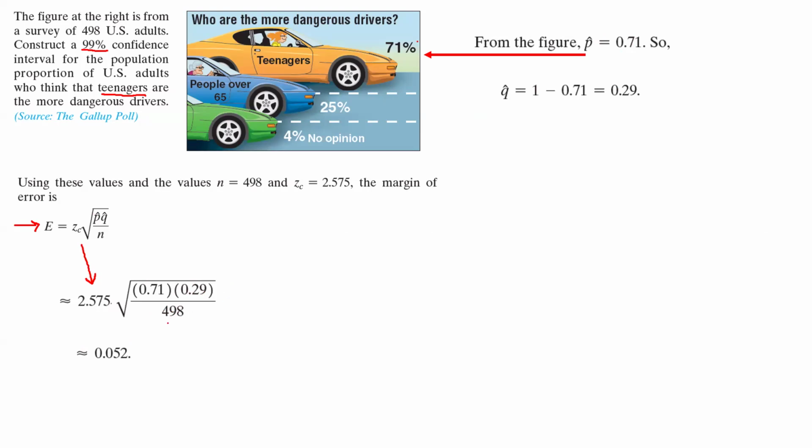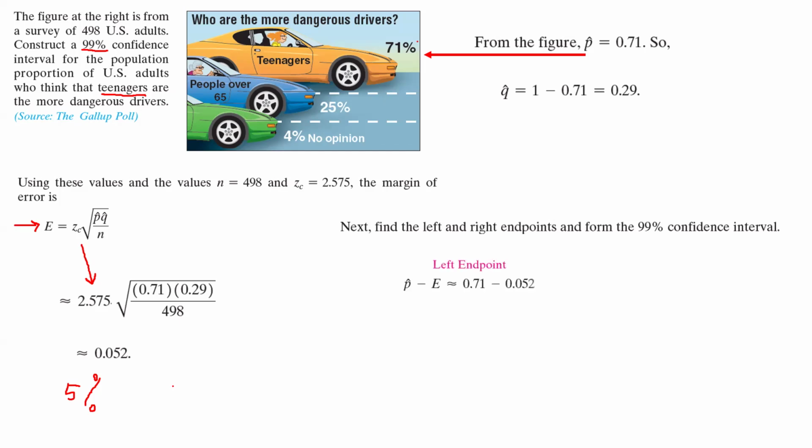If you do the calculation, it is about 5%. So the margin of error is about 5%. The distance between population proportion and sample proportion that you're calculating is at most 5%.